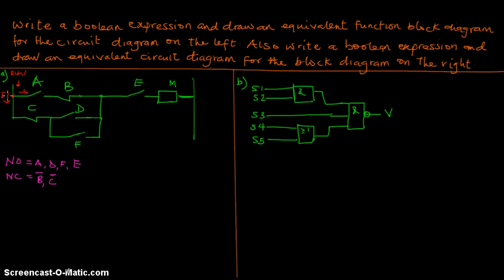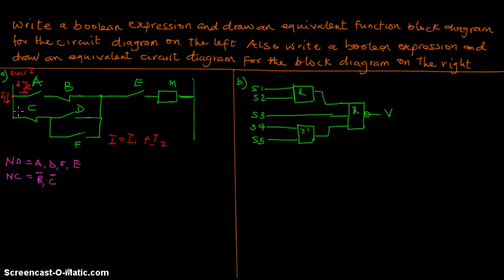Let's call this current I1, and let's call this current I2. So which means that the big I, which is the current from the main source here, is equal to I1 plus I2. So it's basically the sum of those two currents that makes the big I.